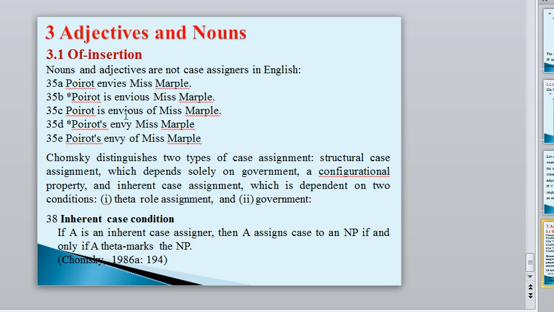So again, we can conclude that nouns and adjectives are not case assigners in English, and in English we have just two kinds of case assigner, the verb and the preposition.